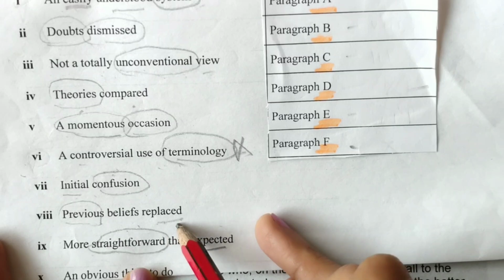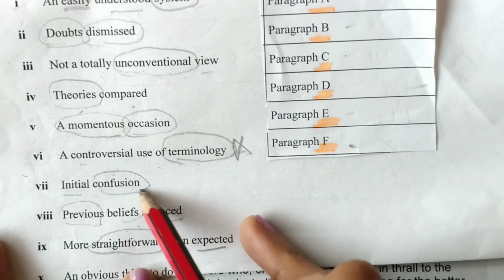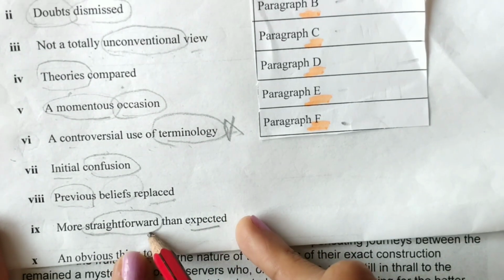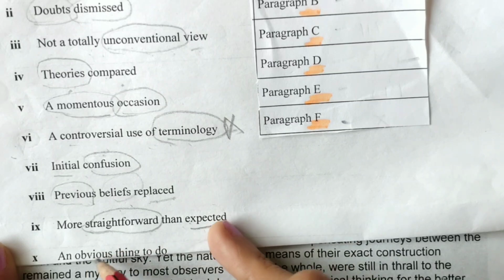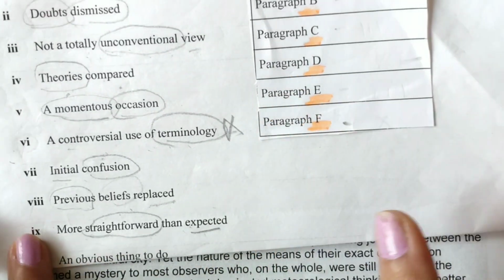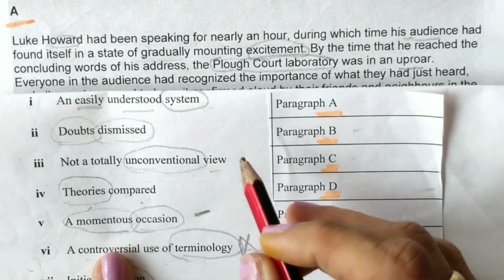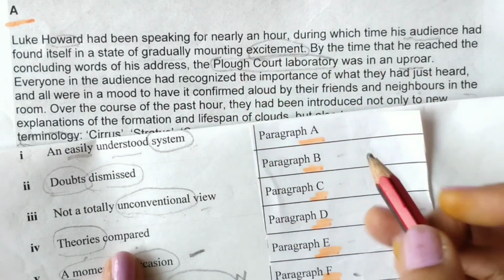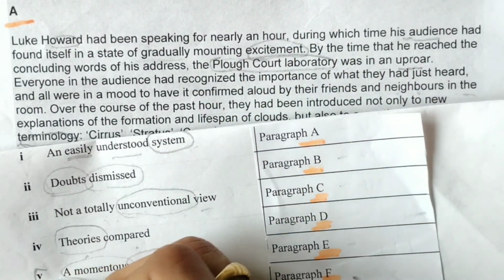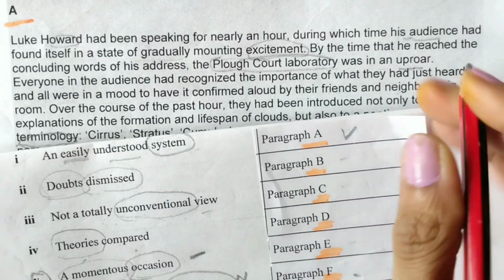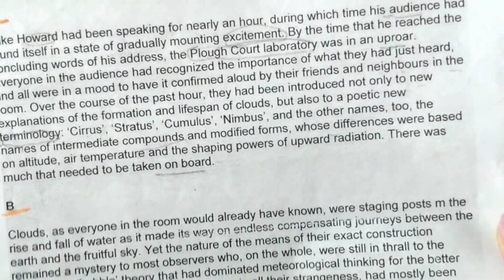Previous beliefs replaced: nothing about old beliefs was there. More straightforward than expected: nothing. An obvious thing to do: nothing. So it means they are talking about an occasion, when someone is speaking. Okay, so for paragraph A I will be selecting this fifth option. Yes, now the second paragraph.